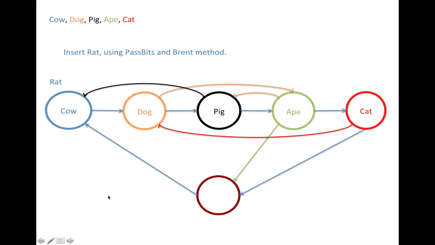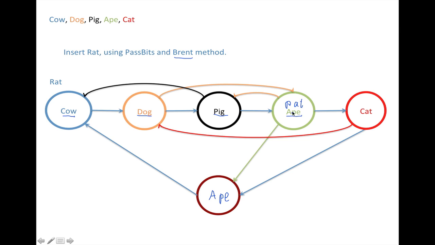If we use the Brent method, then when we put rat, it collides here, here, here, and here, but here it turns out to be more efficient in terms of successful searches to put rat in here and to put ape here, because that's one less move that we are adding.